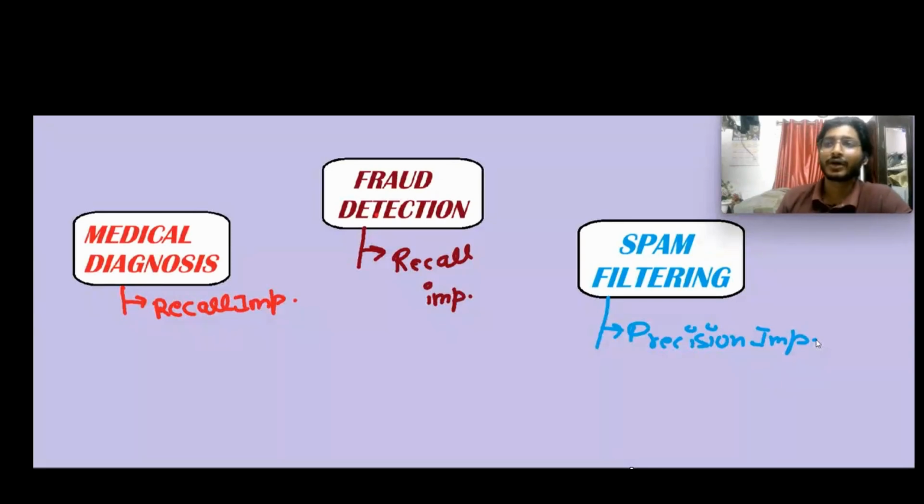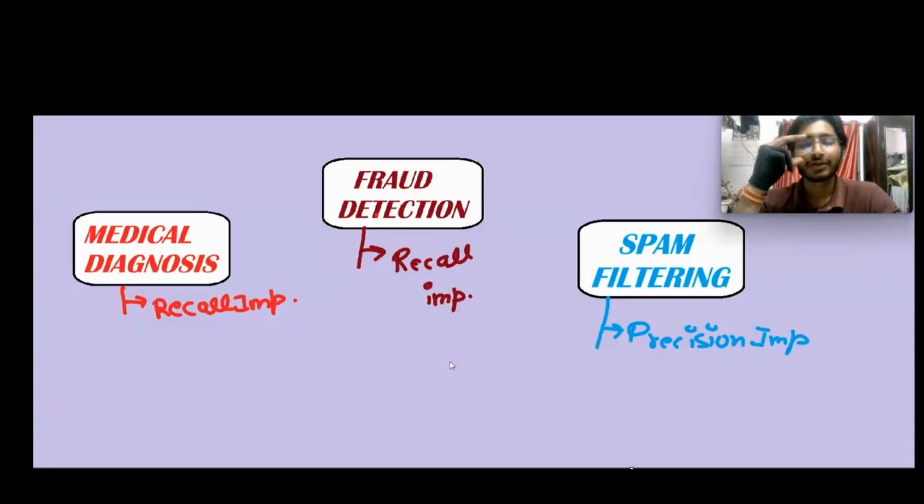We do not want the real emails that we require to be sent to the spam folder. So depending on the problem, we choose the right evaluation metric. There are different perspectives on using these evaluation metrics.